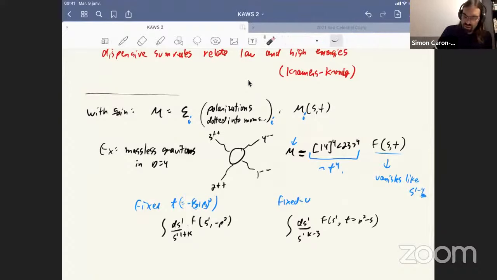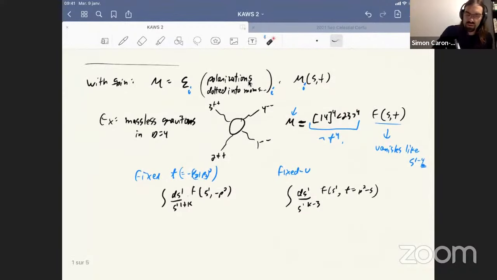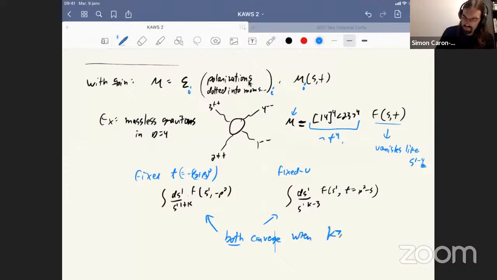Both of these converge for the same criterion when k is greater than j0, strictly.